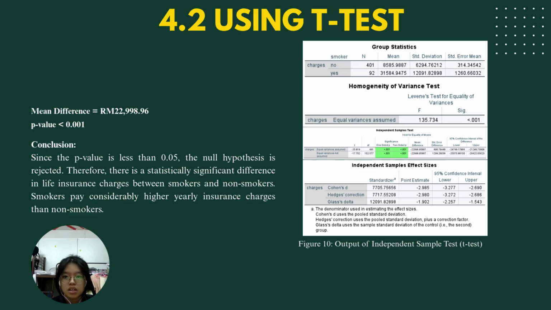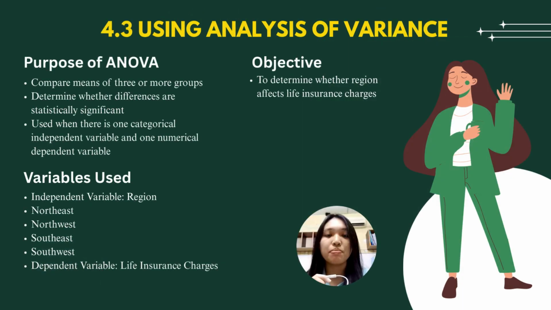This indicates a mean difference of 22,998 ringgit and 96 cents, showing that smokers pay substantially higher insurance charges than non-smokers. The independent sample t-test produced a p-value of less than 0.001. Since the p-value is smaller than the significance level of 0.05, the null hypothesis is rejected and the alternative hypothesis is accepted.